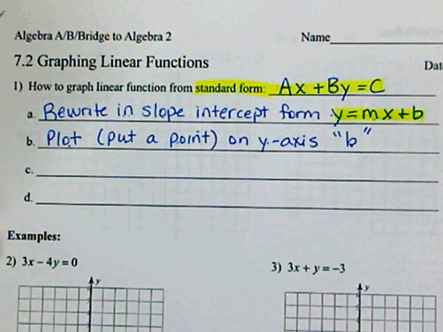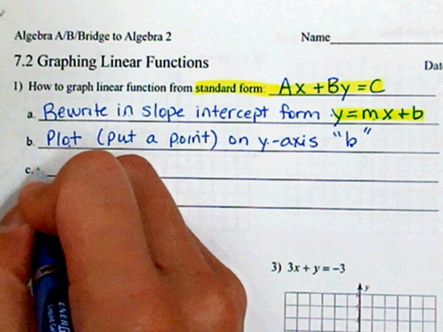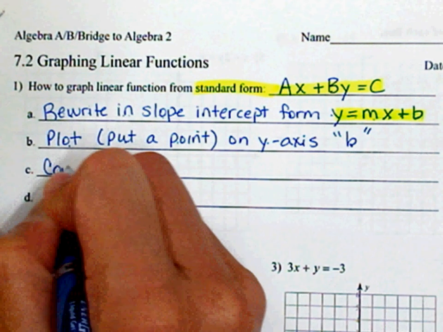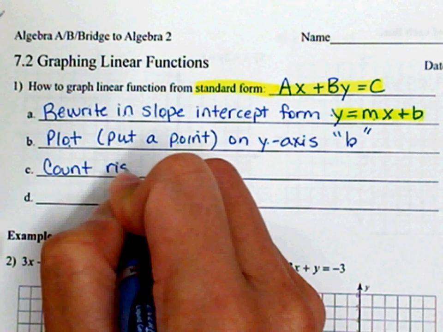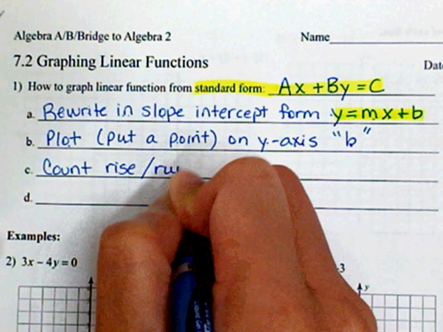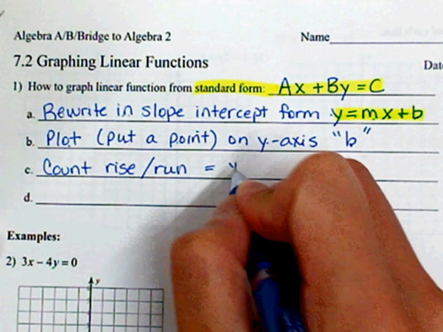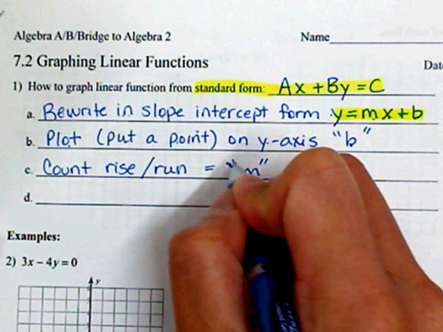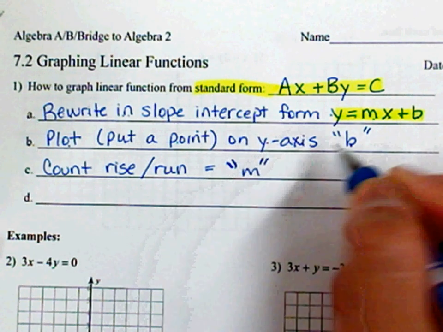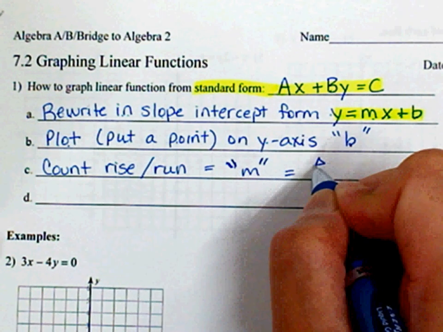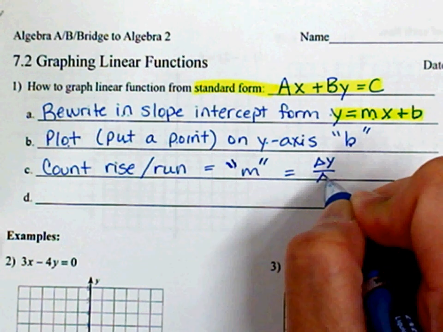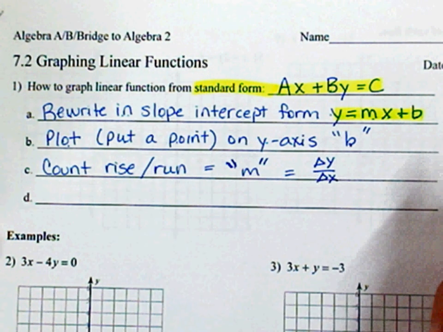Okay? Next thing, you are going to count your rise over your run, which is your slope. So you're going to plot your point, your rise over your run, which is a change in y over a change in x. Okay?